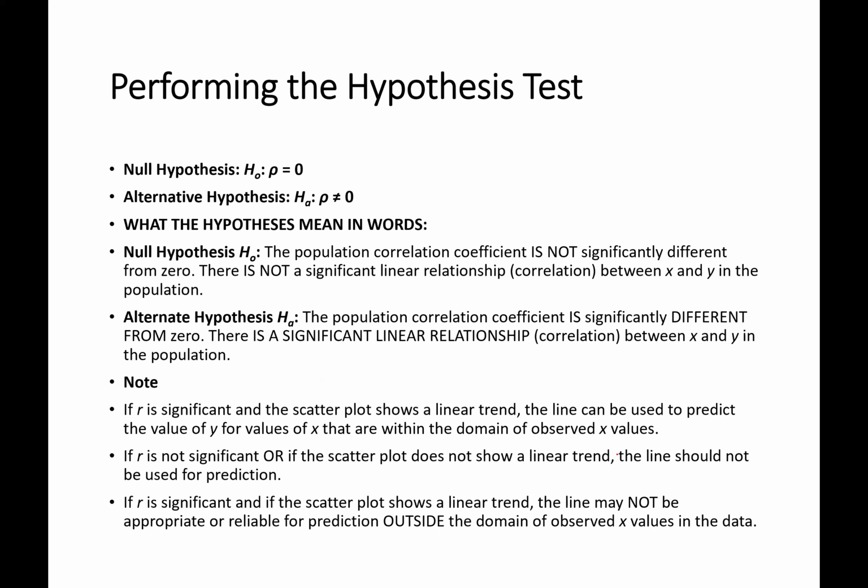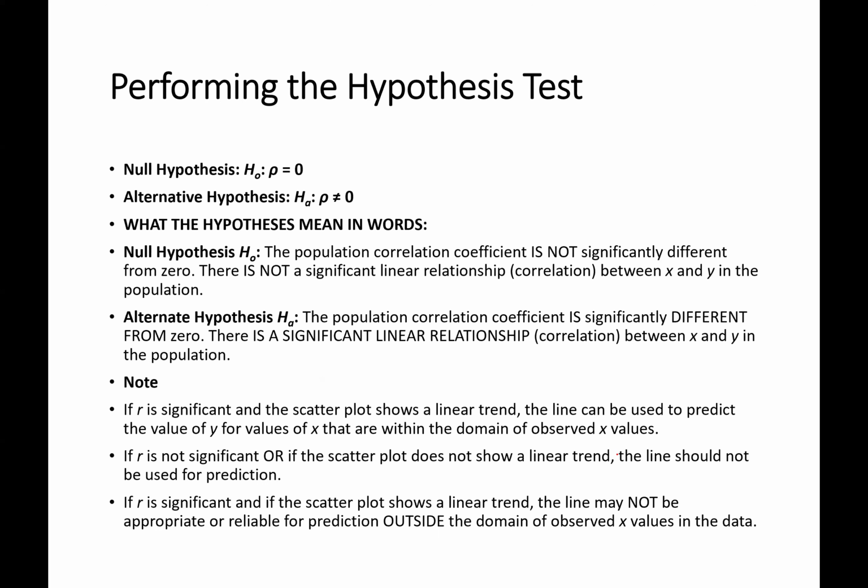If there's a significant relationship and the scatter plot shows a linear trend, then you can use that line to predict values of Y for values of X that are within the domain of the X values. What's that mean? It means you can use this line to predict values between your minimum X and your maximum X. You can't really use it to predict values for Y for X's that are beyond the scope of the problem.